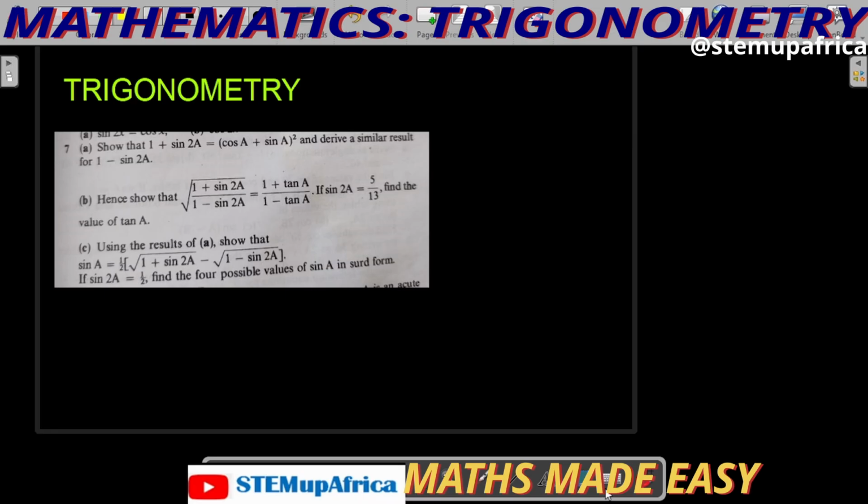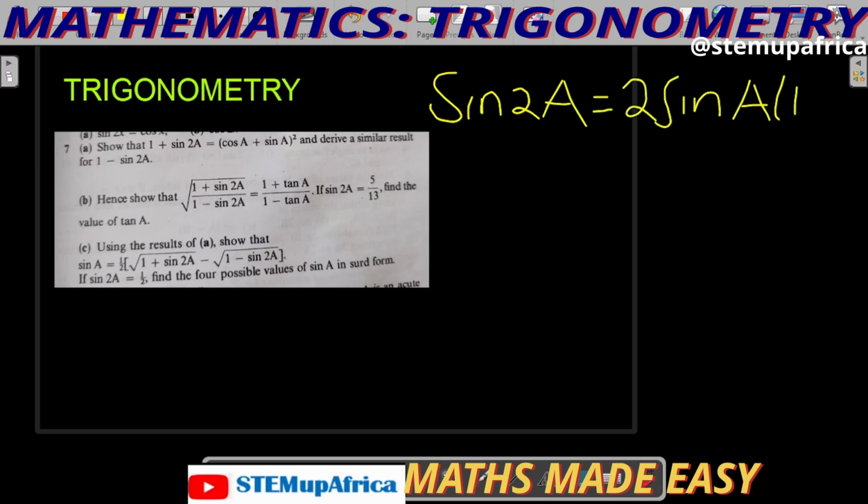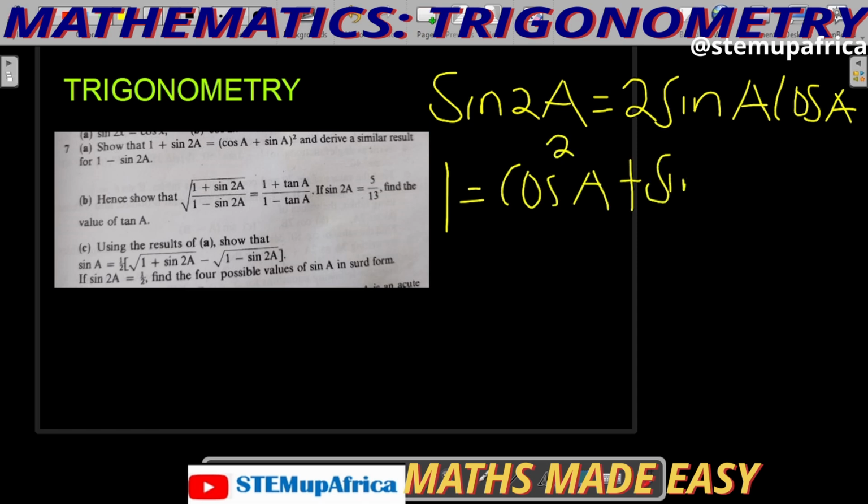From the compound formula, sine 2a is 2 sine a cos a. Then from the trigonometric identity, 1 is equivalent to cos square a plus sine square a. That's the value of 1.